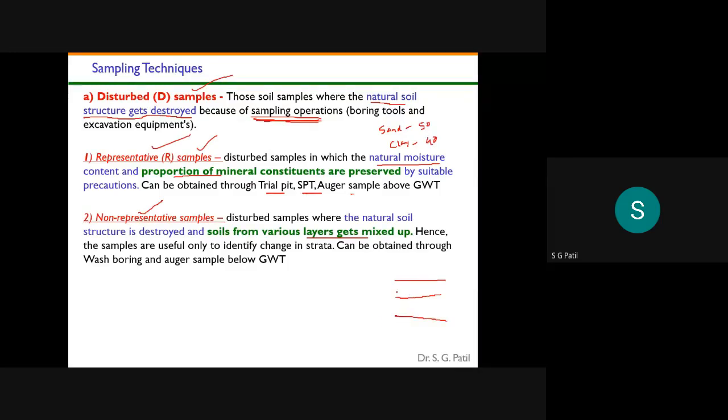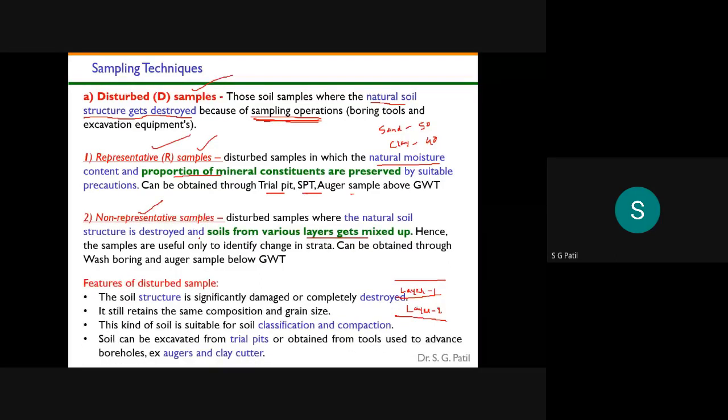If the soil from layer 1 and soil from layer 2 get mixed up by the time we collect the soil sample, then those samples are called non-representative samples. Non-representative sample means that soil from different layers gets mixed up, so you cannot preserve the proportion of the constituent particles. That's why they are called non-representative samples.